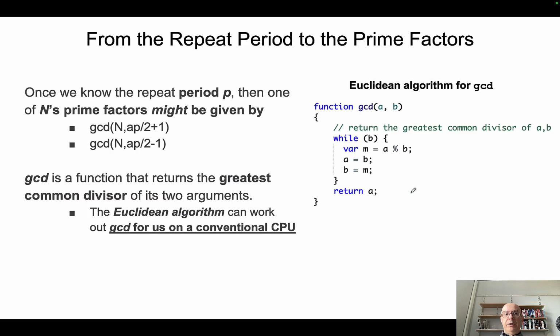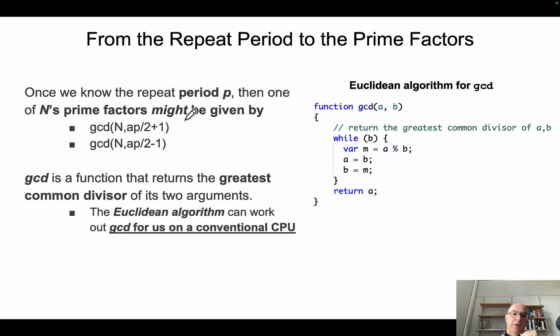So once we find the repeat period, we are not done yet. We got the number, and we need to calculate what the prime numbers p and q are.